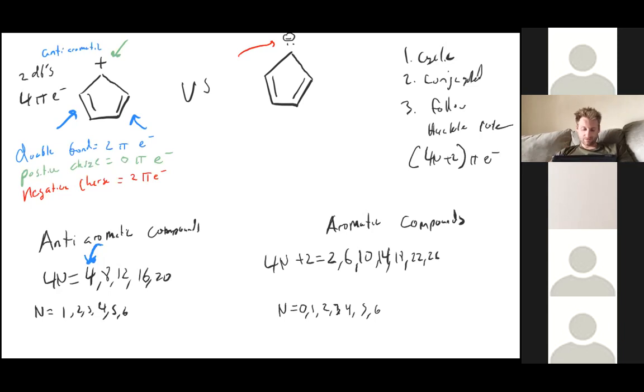Versus on the right over here, we've got still 2 double bonds. We also have 1 negative charge. The 2 double bonds are both worth 2 pi electrons, so a total of 4 pi electrons from those, plus another 2 electrons from the negative charge, giving us a total of 6 pi electrons.